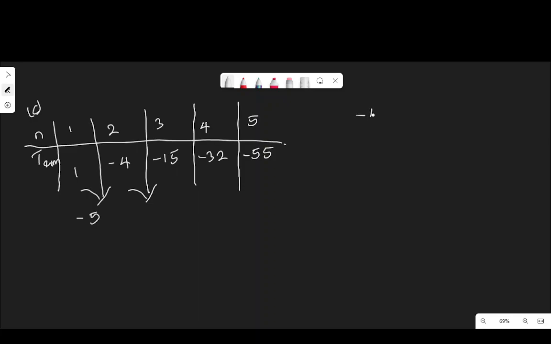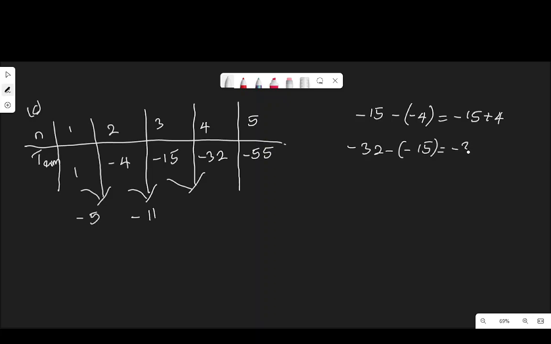I have minus 15 and I want to subtract minus 4 from it. That is minus 15, minus minus is plus 4. So minus 15 plus 4 is minus 11. Then taking the difference again, minus 32 minus minus 15.